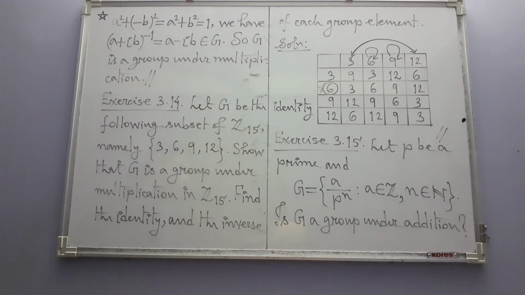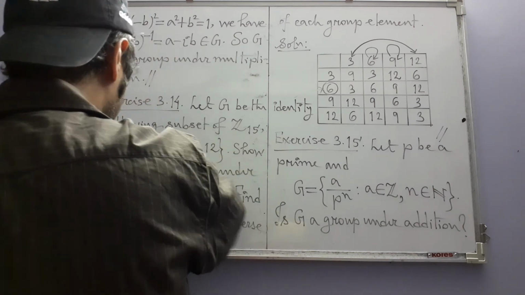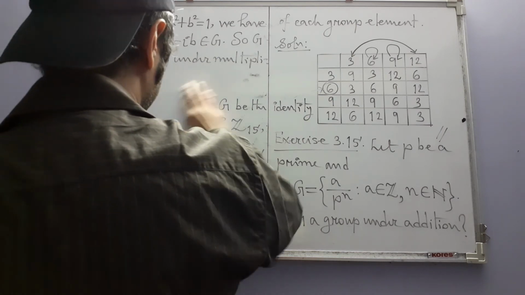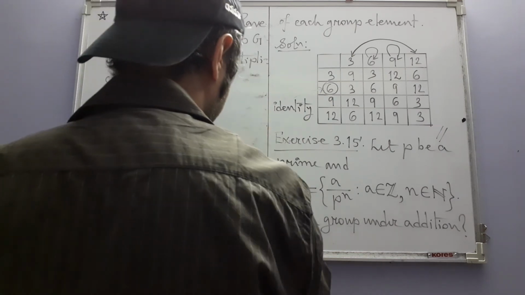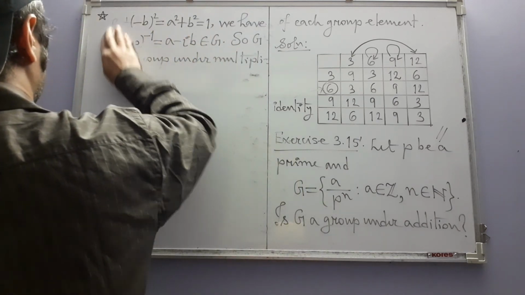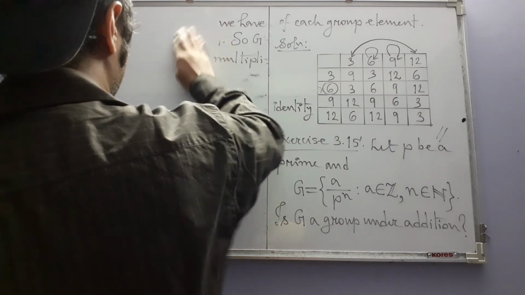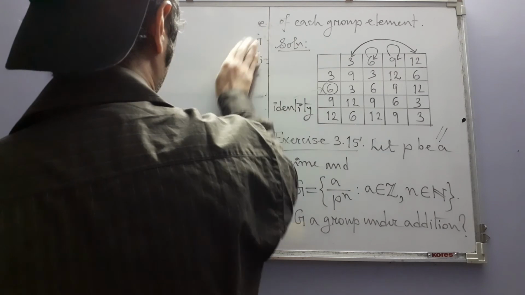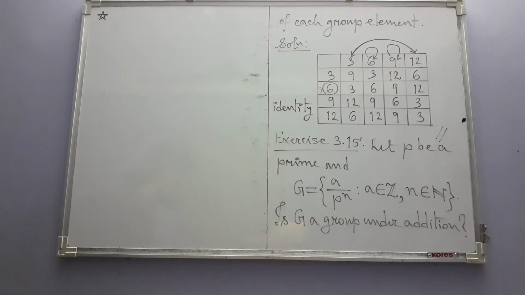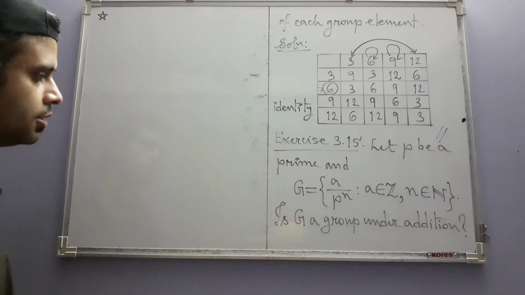Here also I am not going to write a formal solution. I will just show you the actual thing and then you write the formal solution based on that. What do we need? We need to verify that the four axioms are satisfied. So first of all our set is obviously non-empty.